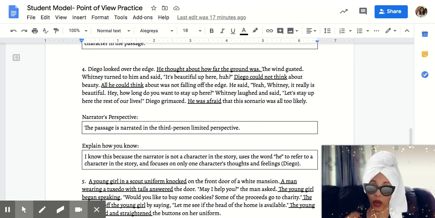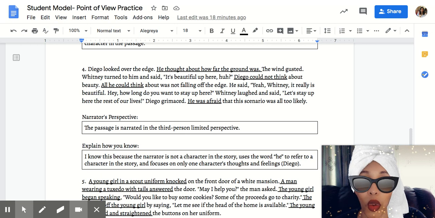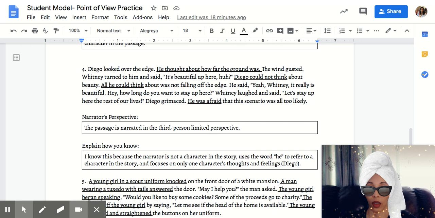It's very thorough. It demonstrates to me as a teacher that this student is on point. She's got this. She knows what type of perspective it is, and she's able to support her answer with textual evidence and knowledge of the different perspectives.